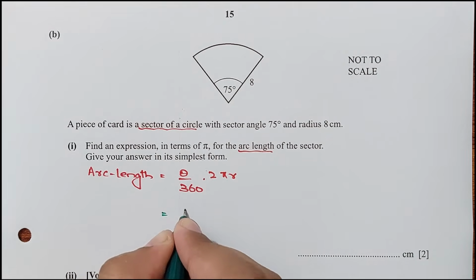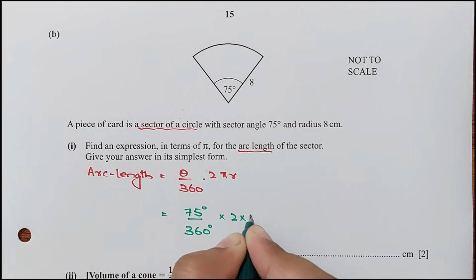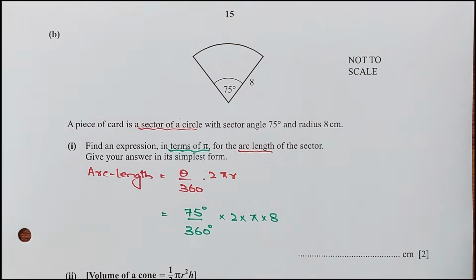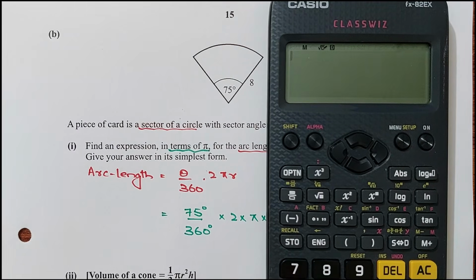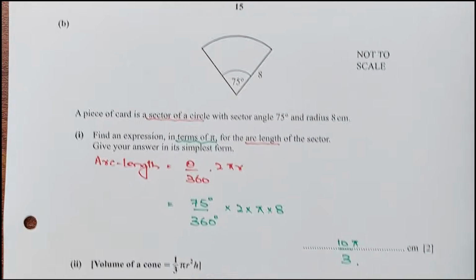So theta is 75 degrees over 360 degrees times 2 times pi times the radius 8. We have to find the answer in terms of pi, right? So 2 times 8 is 16. 75 divided by 360 multiplied by 16 is 10 over 3 in its simplest form, so 10 pi over 3 centimeters, right?